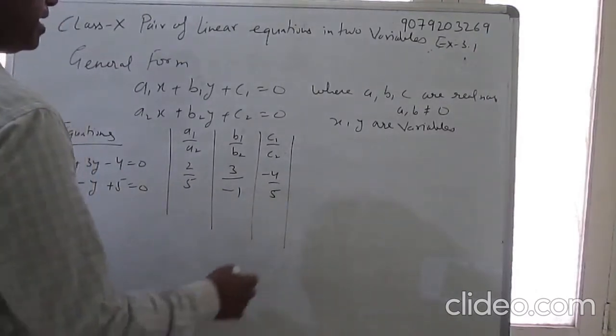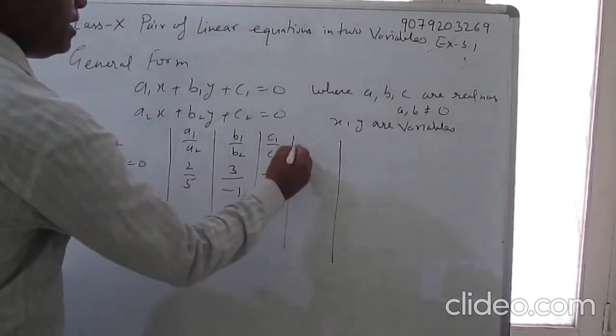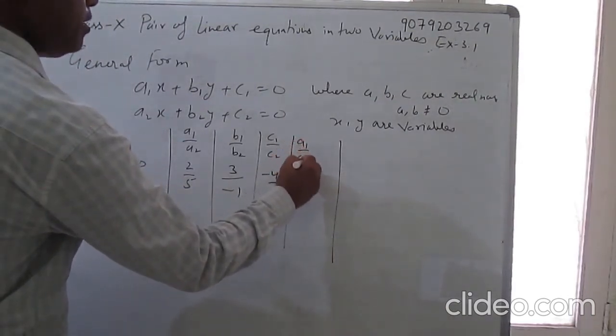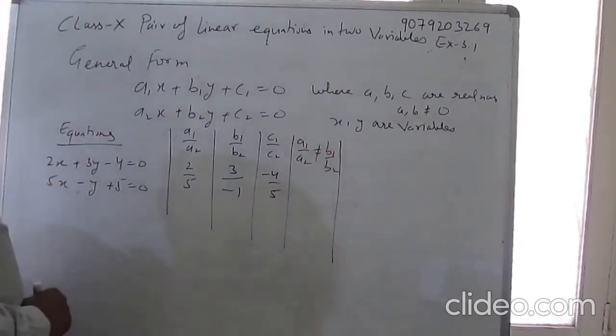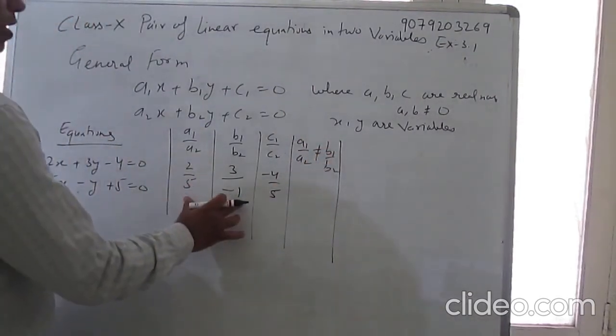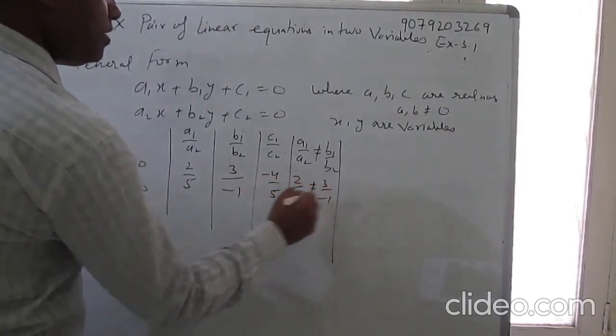Now here you see that a1 upon a2 not equals to b1 upon b2. These two are not equal: 2 upon 5 not equals 3 upon minus 1.